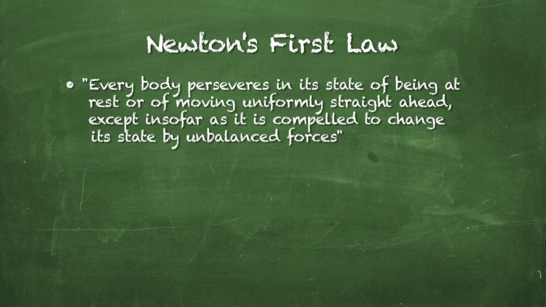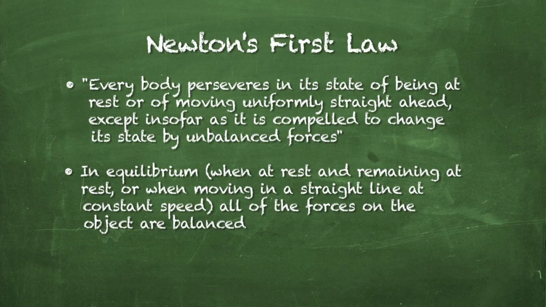So an object at rest remains at rest, or an object in motion remains in motion, unless there are unbalanced forces on the object. So rewriting that and paraphrasing, I would say in equilibrium, which means that an object is at rest and remaining at rest, or moving in a straight line at constant speed, all of the forces on that object are balanced.